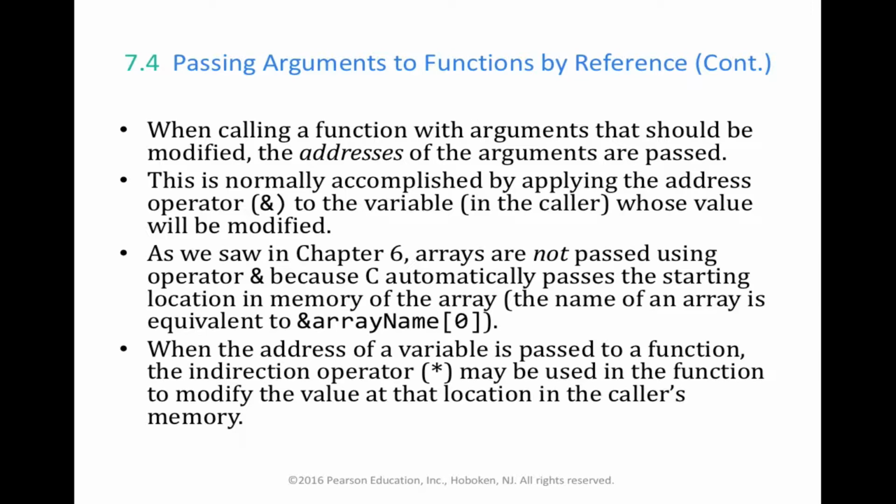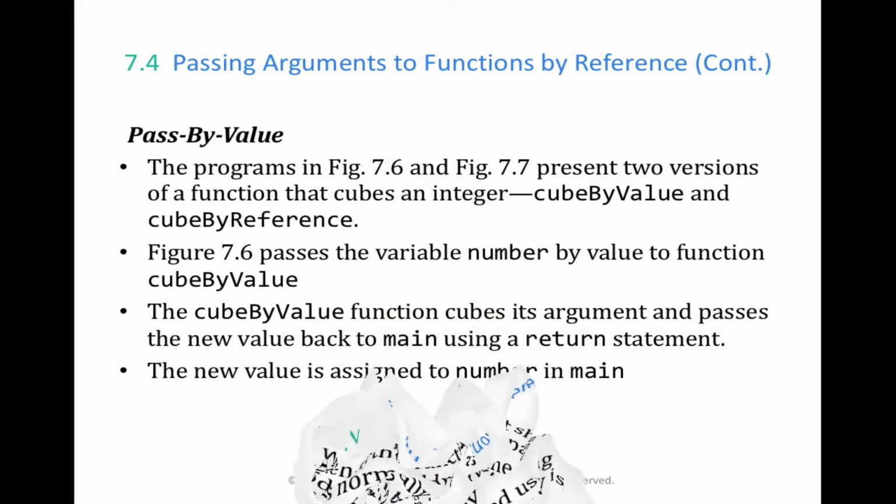Now, we saw in Chapter 6 last week that arrays are not passed using the ampersand operator because C automatically passes the starting location in memory of the array. The name of the array is equivalent to the address of the first item. When the address of a variable is passed into a function, the indirection operator may be used in the function to modify the values at the location of the caller in memory. So we can take advantage of that.